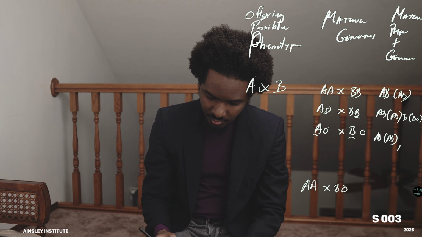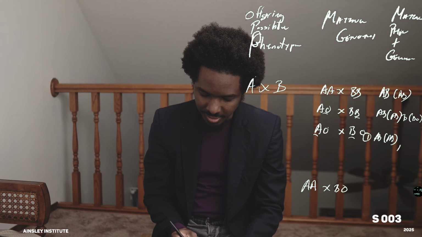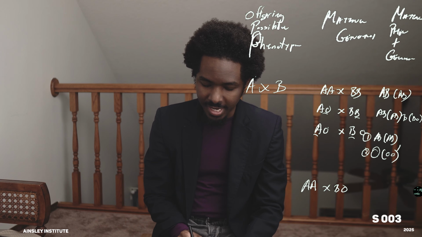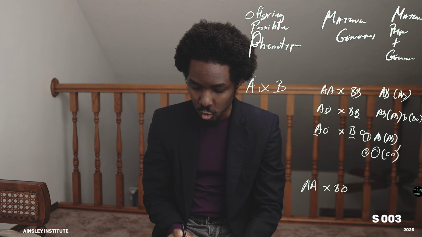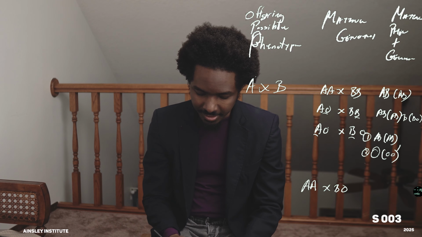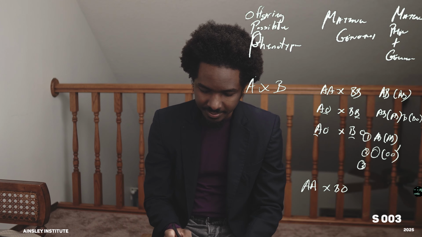All right. So with this combination, we have AB, which is AB. We have OO, because if you combine this, we have O, because one is O and the other is O. So an AO and a BO can give an O individual because we have two O's that exist right there. All right. Then there's another combination that is possible from this.